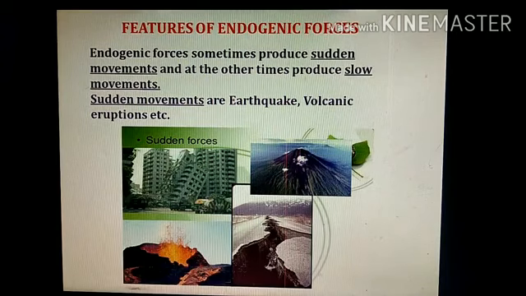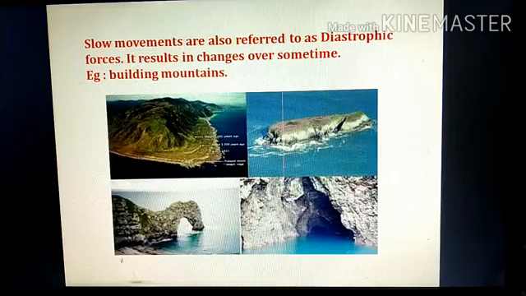Then let's discuss about the main features of endogenic forces. Endogenic forces sometimes produce sudden movements and at the other times produce slow movements. Sudden movements are earthquake, volcanic eruptions, etc. Slow movements are also referred to as diastrophic forces.